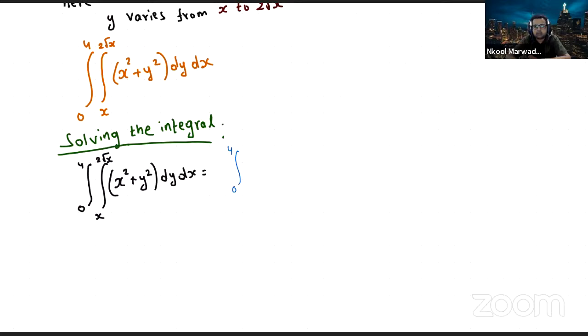It will become x square y plus y cube by 3 with the limit x to 2 root x, dx.